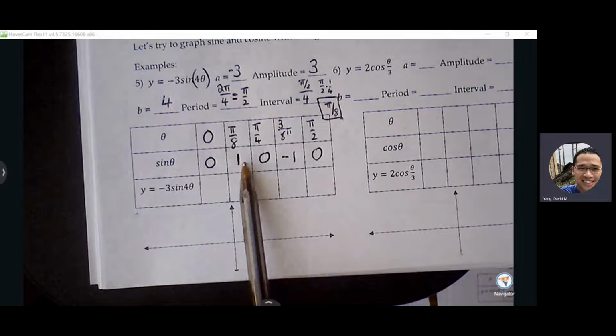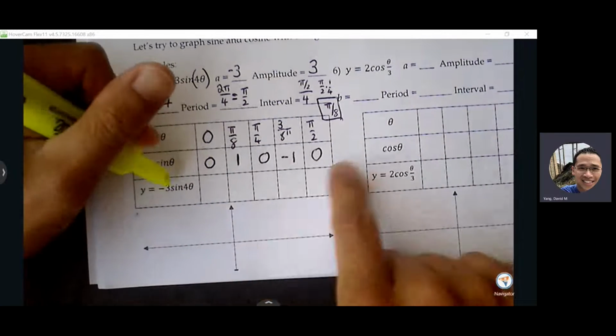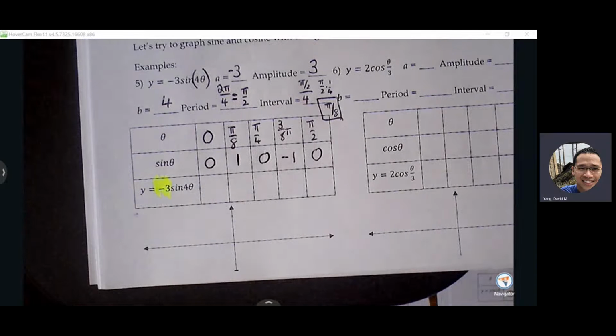What's going to happen to these numbers? Good. It's going to change because of our amplitude, our A value rather. Okay. So I've got to take all these numbers and multiply by what? By -3. Okay. By -3.